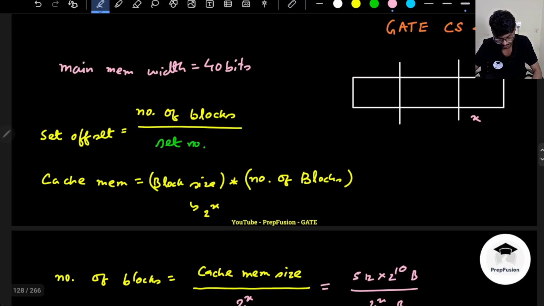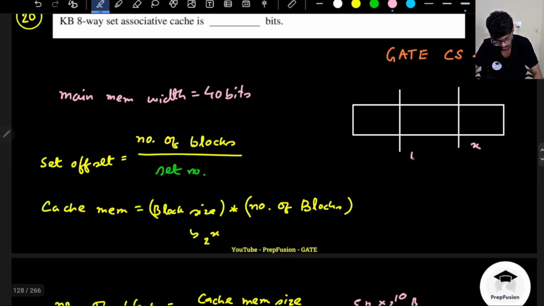So ultimately, if your block offset is x bits, then this will be 16 minus x. So ultimately this whole thing is always equal to the log of the cache memory size.